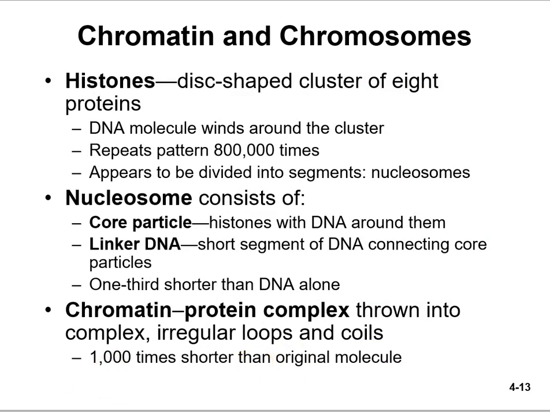Again, histones are the proteins that make up chromosomes that DNA coils around. The DNA molecule, when forming chromosomes, winds around the cluster of histones, a cluster of 8, and then repeats that pattern 800,000 times, and that creates what's called a nucleosome.